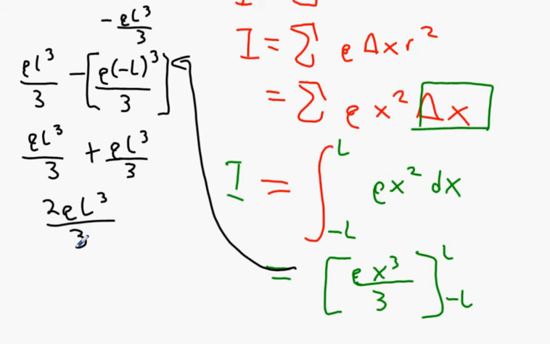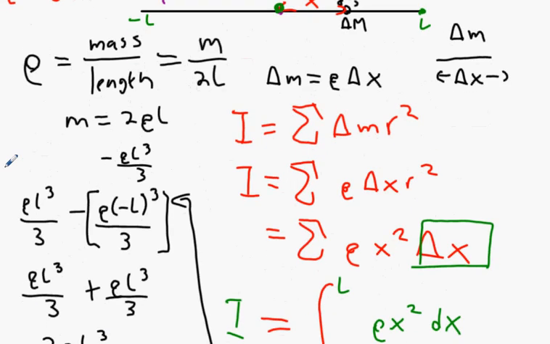The whole point was 1/3 ml squared, right? 1/3 ml squared. I need an m. What letter definitely doesn't belong in this formula? Rho. So get rid of your rho. Rho equals m over 2L.